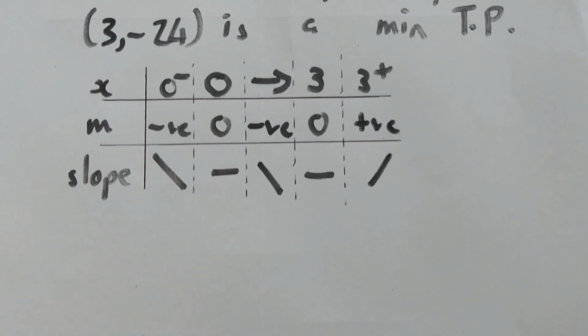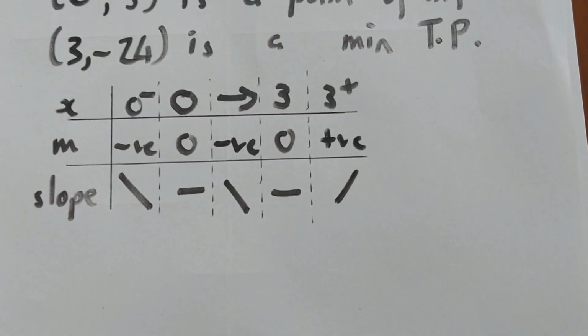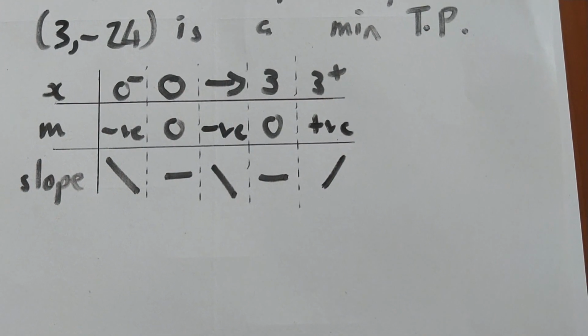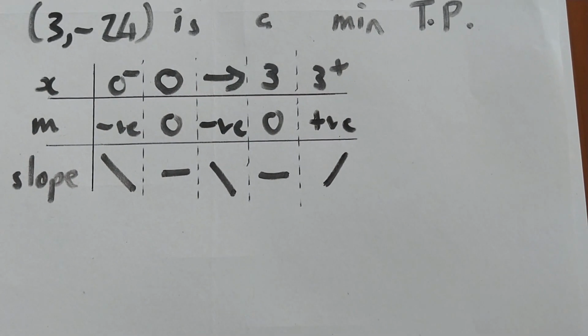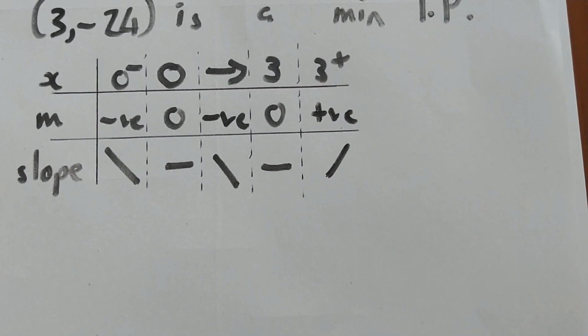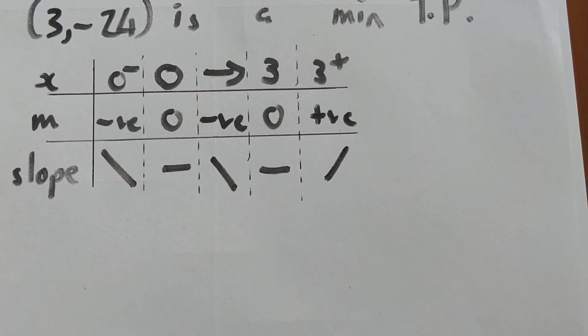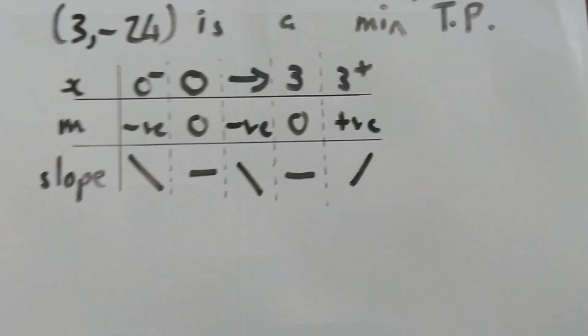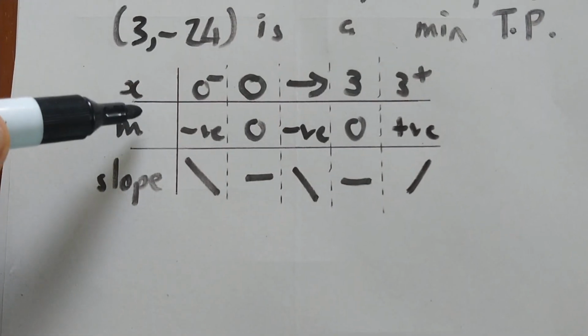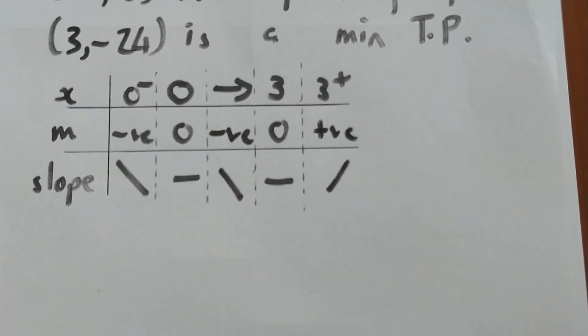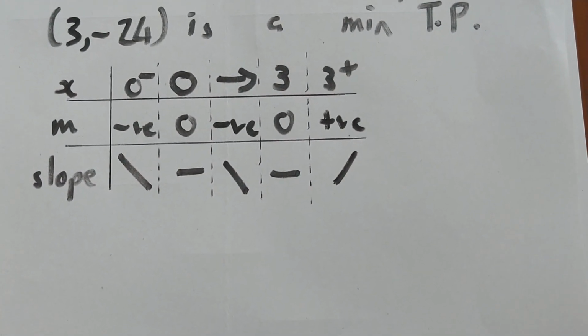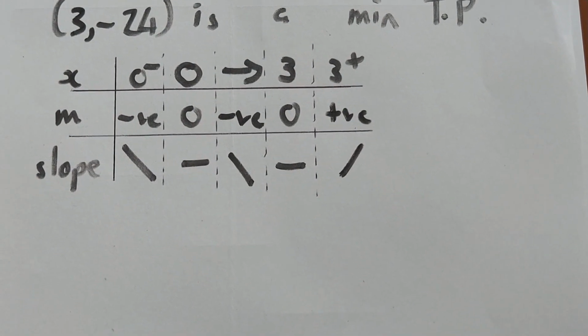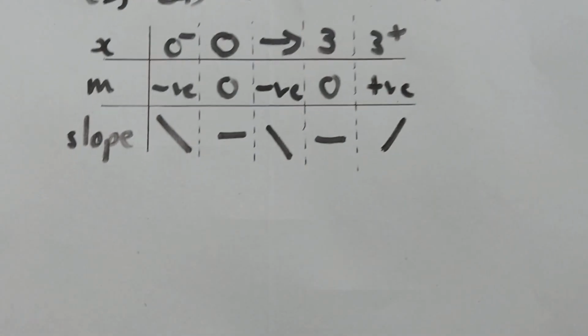But I would like to add one thing here, which you are also sometimes asked. The question will sometimes say, when is the function decreasing? And when is the function increasing? In which case we'd probably have here f dashed x, but that doesn't matter. When is the function decreasing? Well, it's decreasing when the graph is going down.